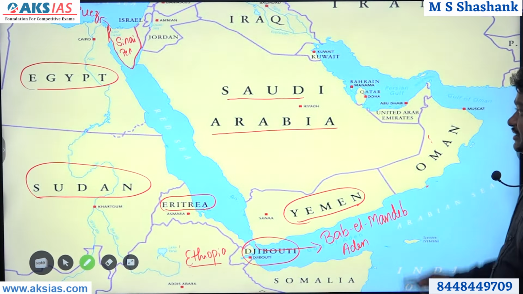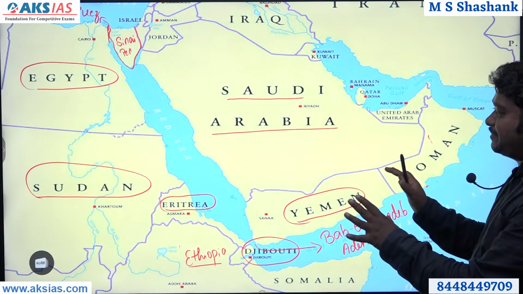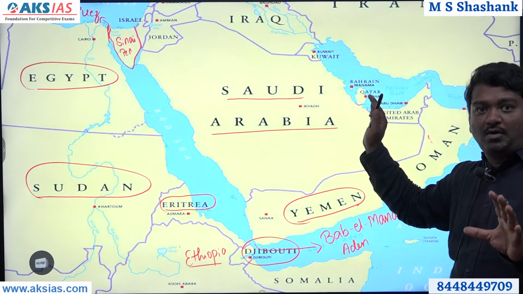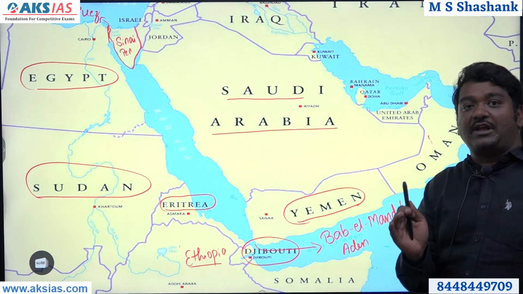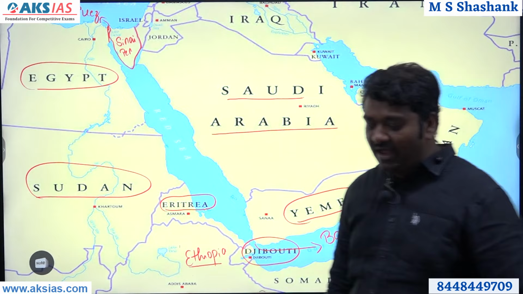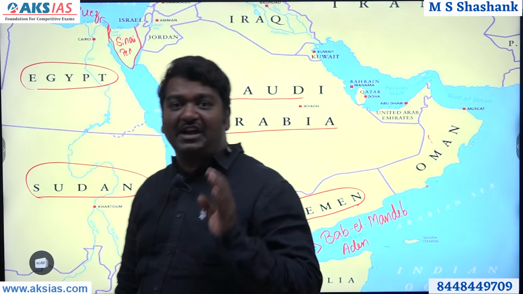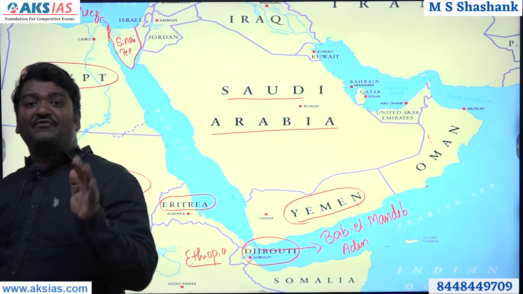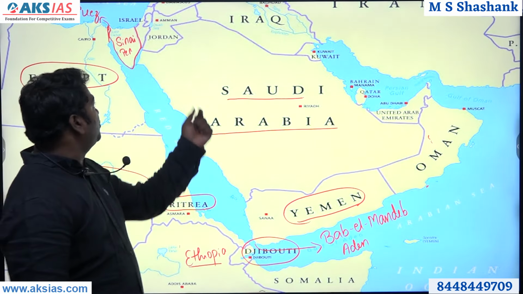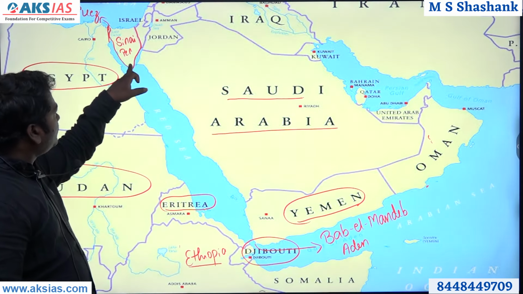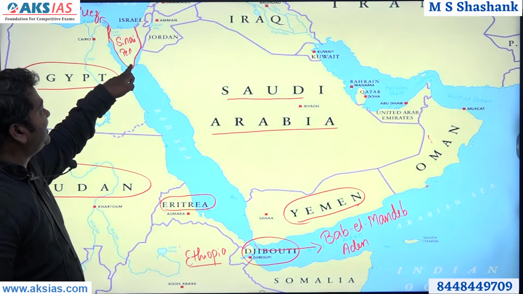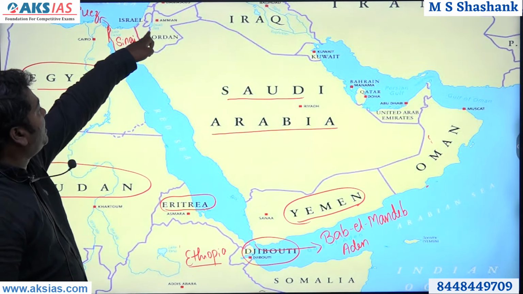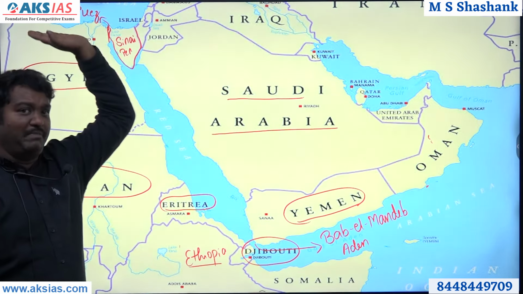Fine. This is the geographical aspect that anyone wants to know if they want to study whatever is happening in the Red Sea. Geographical understanding of the Red Sea. If someone is trying to think, then you need to talk about these. When I talk about Israel, Palestine, I will be talking about the Gulf of Aqaba, Dead Sea, Mediterranean Sea.